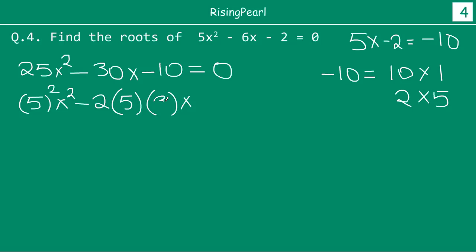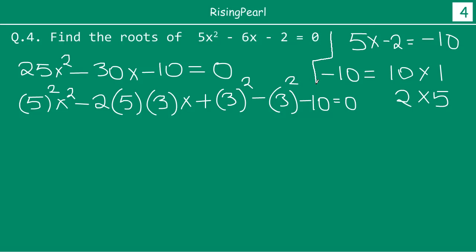If you put 3, then it will be 2 times 5, 10 times 3, 30. So this is 3. So we are going to add 3 whole square minus 3 whole square and then minus 10 equal to 0.